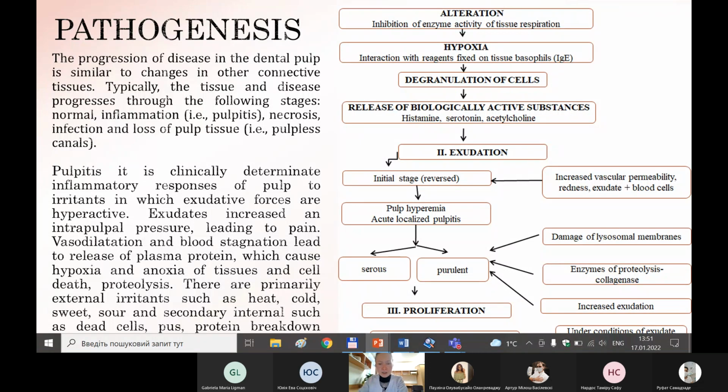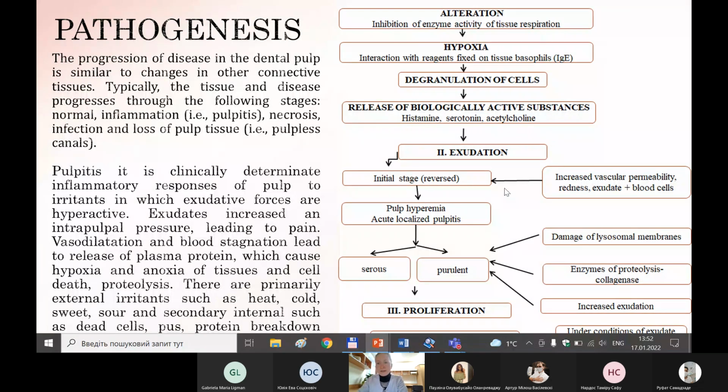Vasodilatation and blood stagnation lead to release of plasma protein, which causes hypoxia and anoxia of tissues and cell death, proteolysis. There are primarily external irritants such as heat, cold, sweet, sour, and secondary internal ones such as dead cells and pus. And here we have this scheme of pathogenesis of acute pulpitis.